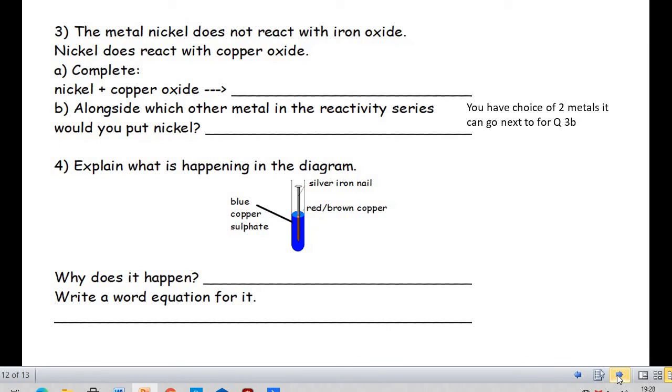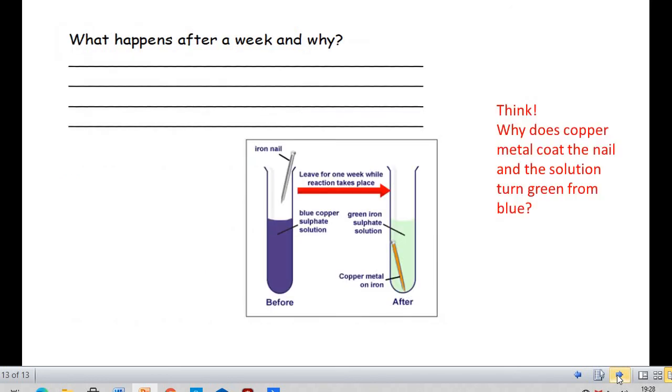And then there are a few other questions that you need to go through. If you look at 3B, again, you'll end up with a choice of 2 metals. And then question 4, you've got the colours there, what happens and why, and then finally what happens after a week.